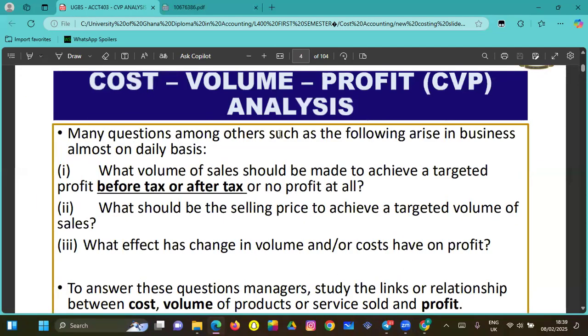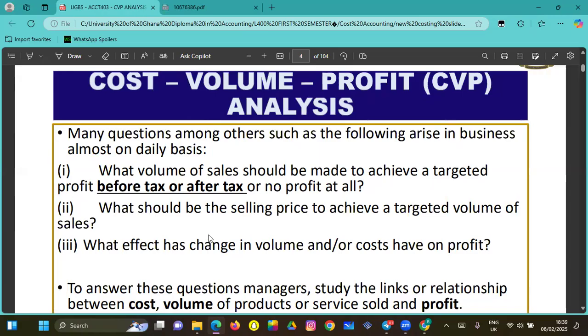Many questions, among others, such as the following, arise in businesses almost on a daily basis. Whenever we are trying to do a business, we always think about what volume of sales we should make to achieve a target profit, or what sales we should make so that we wouldn't make any profit at all.